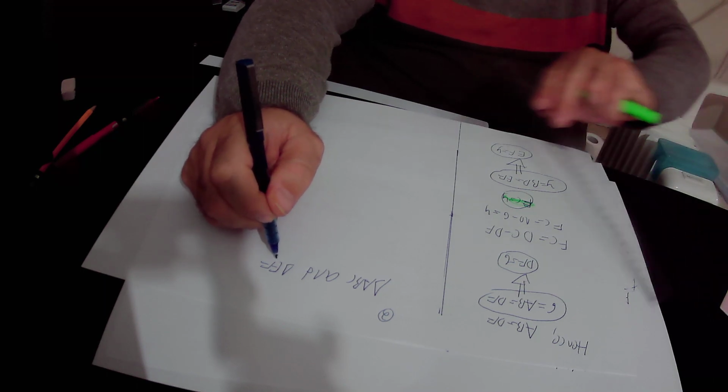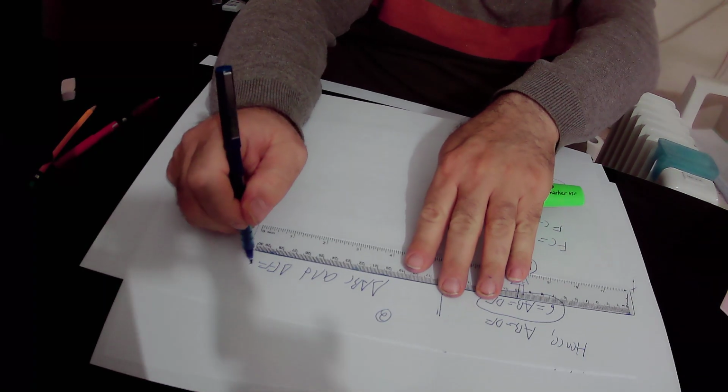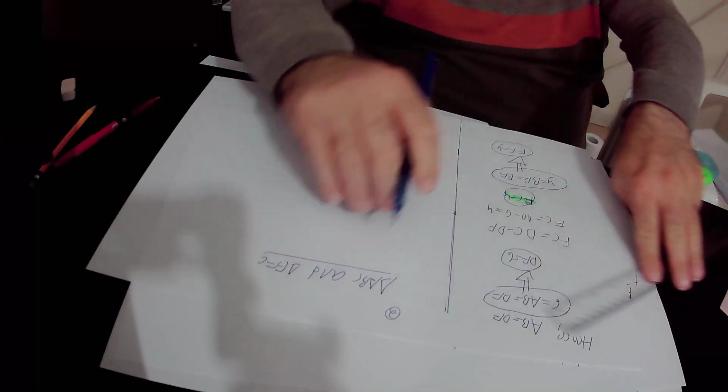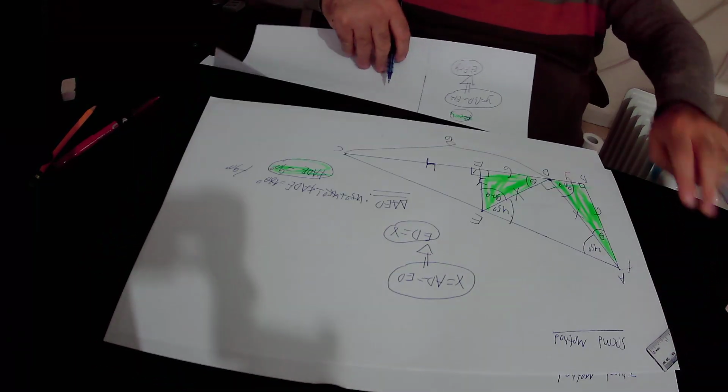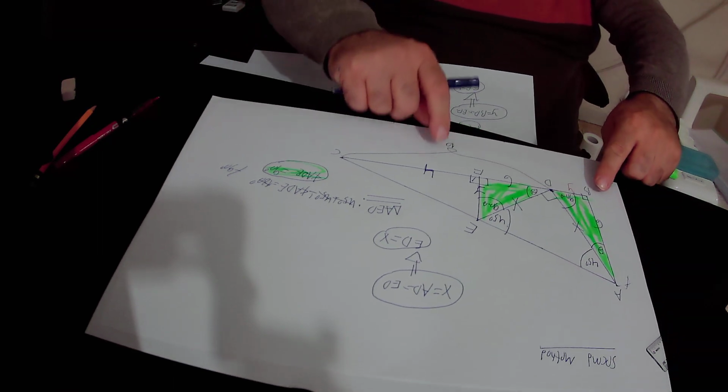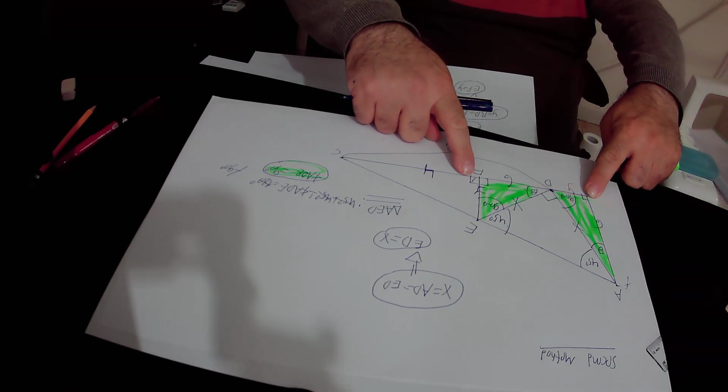Why are those two triangles similar to each other? First of all, we know that those two angles are equal to each other, they are both right angles.